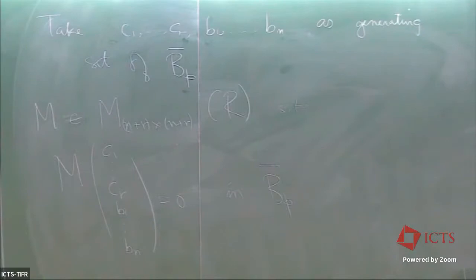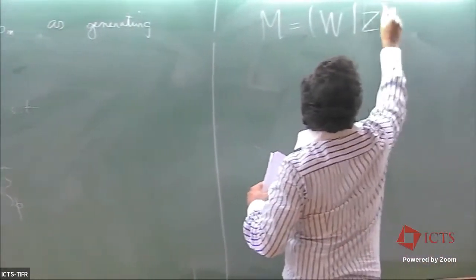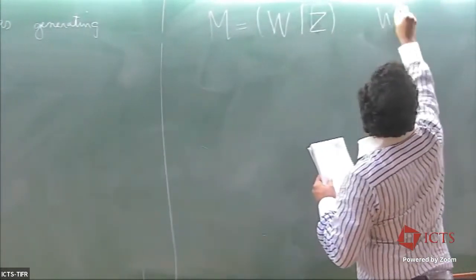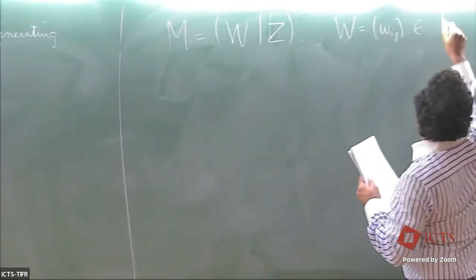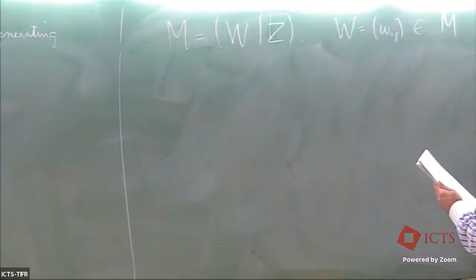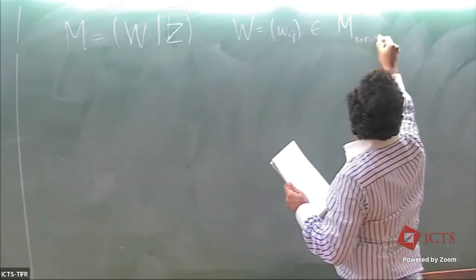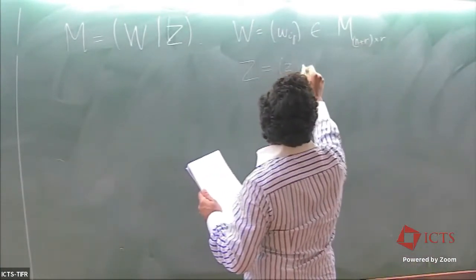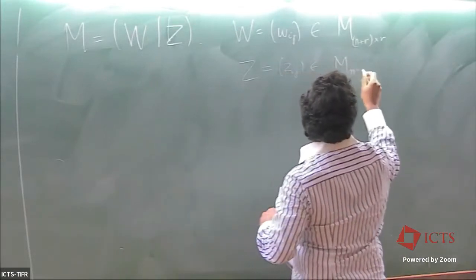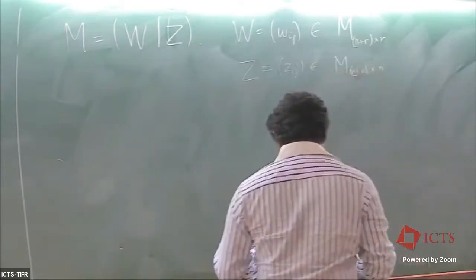Now it's some explicit calculation to show that. I write M as two block matrices. W is W_ij, in M of n plus r by r, and Z is some Z_ij, in n plus r by n.